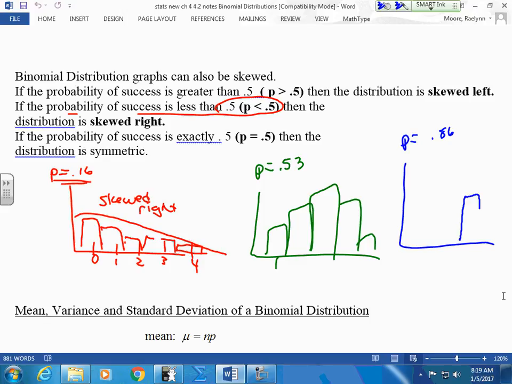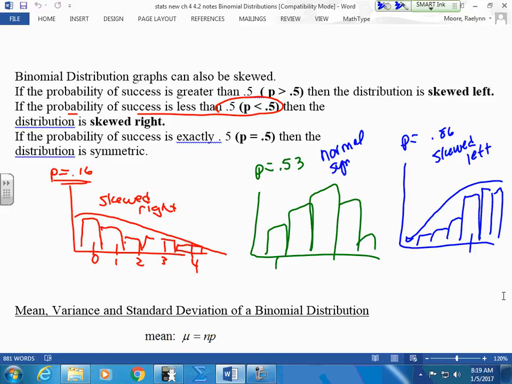So my bigger bars are going to be up over here by these numbers. I don't want them to have 0 successes. So now this is skewed left. We call this normal or symmetric.